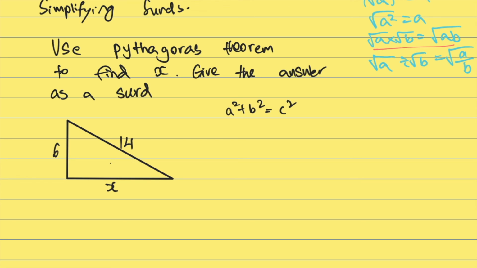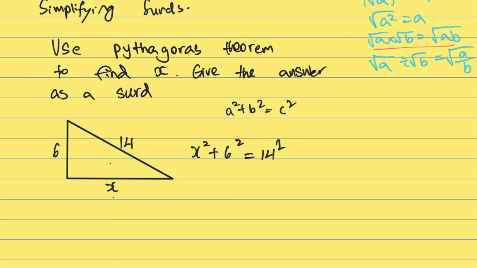The sum of the squares of the two short sides equals the square of the long side. In this diagram, x and 6 are the two short sides and 14 is the long side. So we can write the formula: x squared plus 6 squared equals 14 squared.